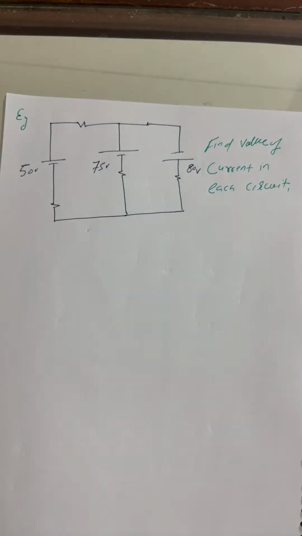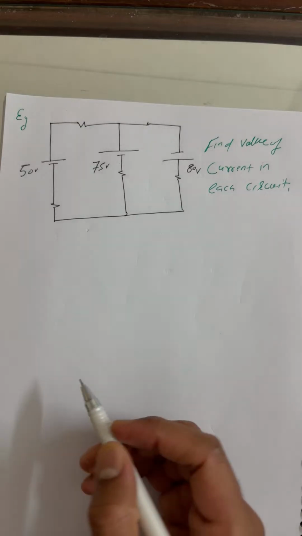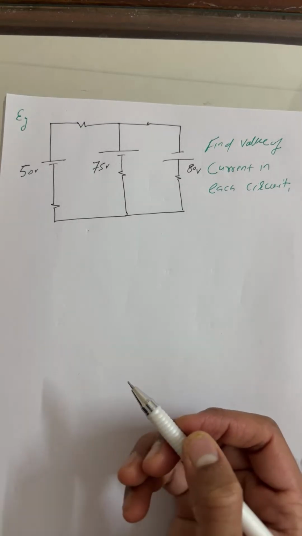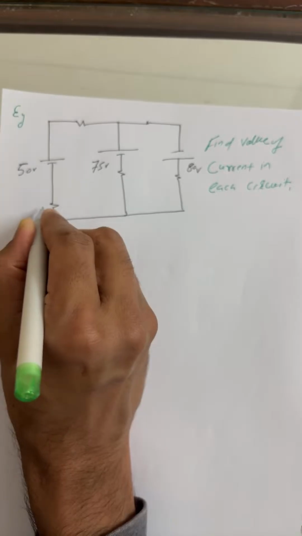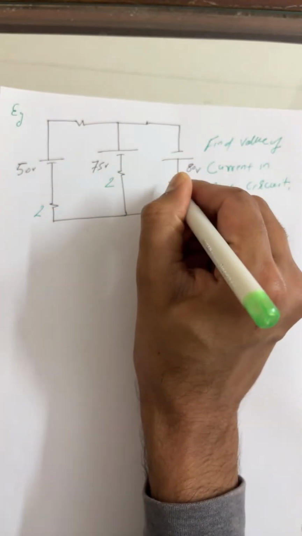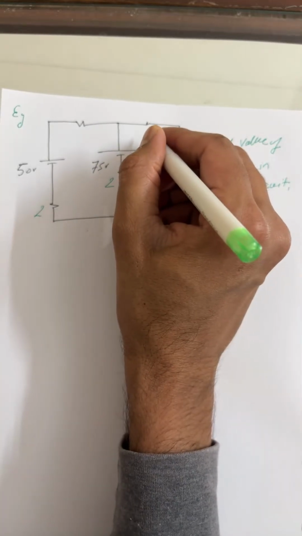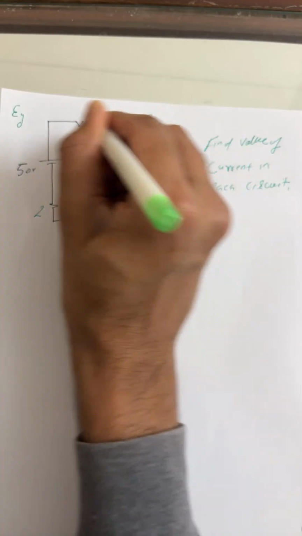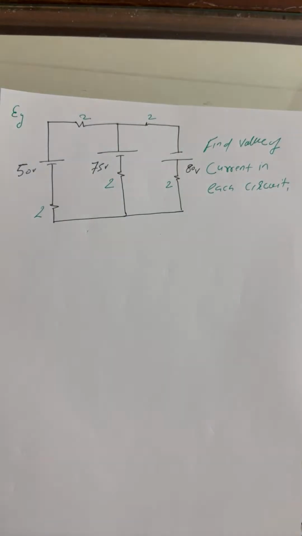Okay. For this condition, you can take the resistors, all of them 2 here. This is 2, 2, and 2. With this, beta, I'm just taking the data here.